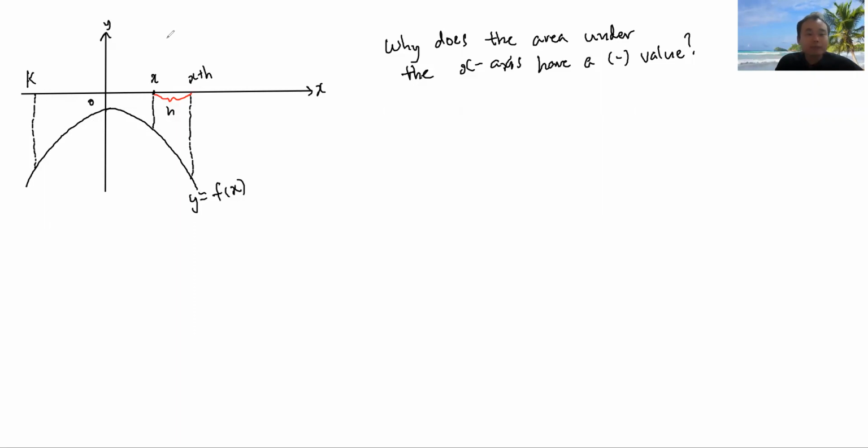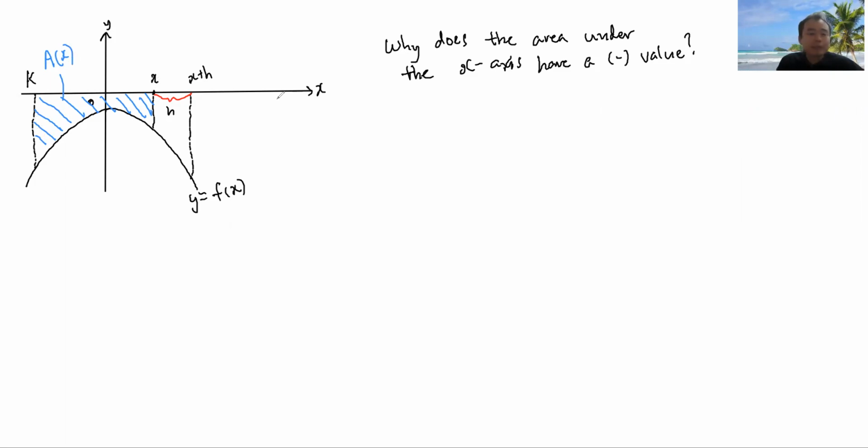Now I'm going to shade this area, and I'm going to say that this area has a function, and I'm going to call this function A(x). That means the area from this k all the way to x.